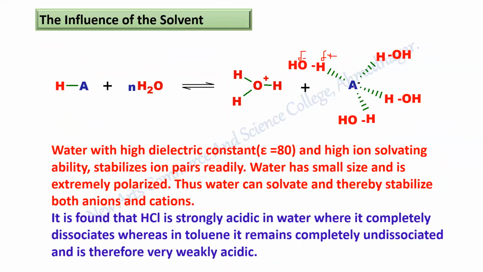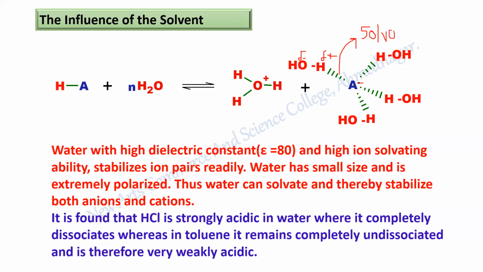So what type of bonding is it? This one is negative and this one positive. So we call this type of interaction between the solvent and the conjugate base solvolysis.